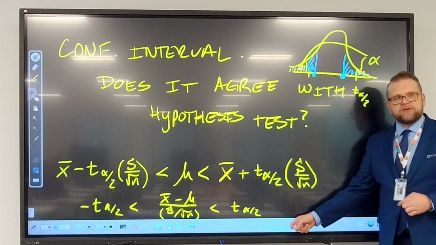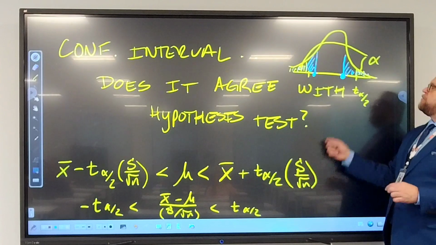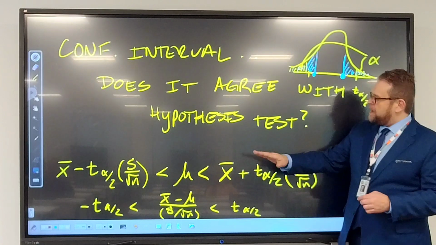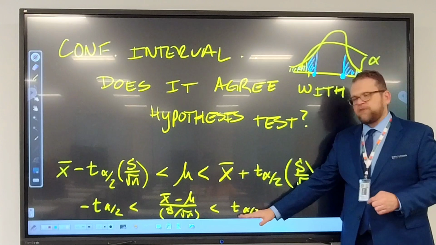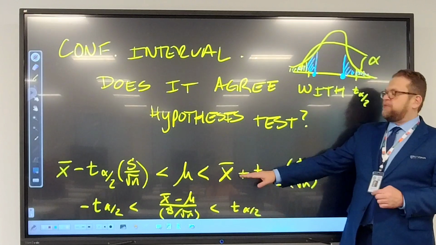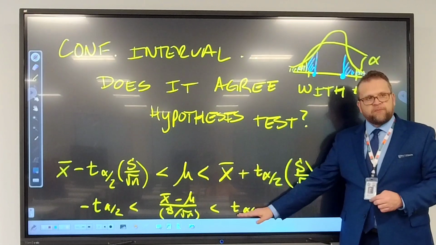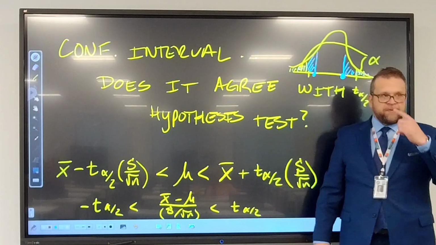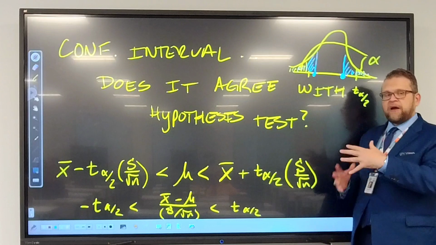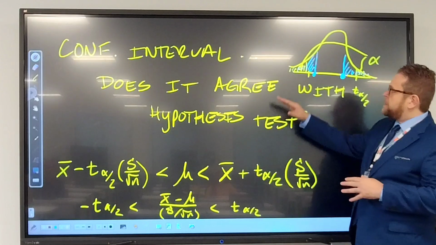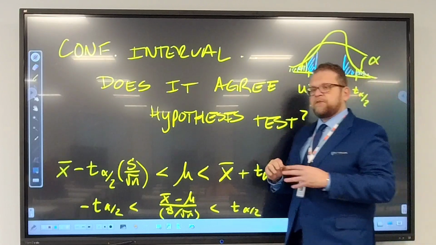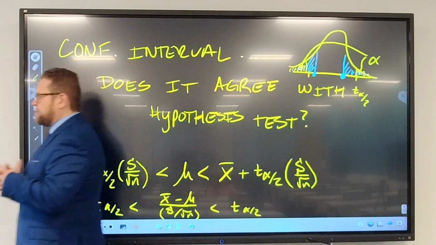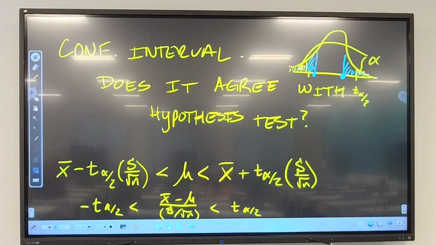They came from each other. They agree for no reason more than, if you assume this is true, then this must also be true. And if you assume that this is false, then this must also be false. So no matter what happens, every time, the confidence interval and the hypothesis test agree with one another. And they must agree with one another because the test statistic came from the hypothesis test.